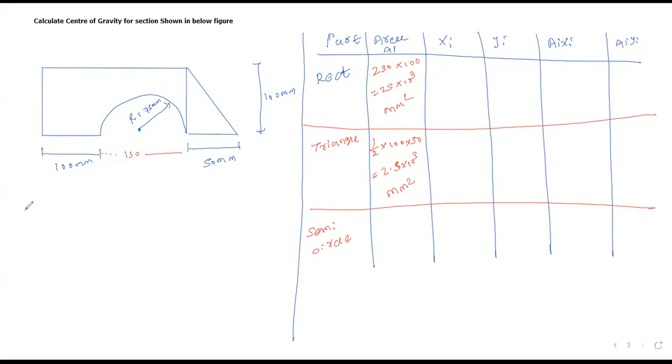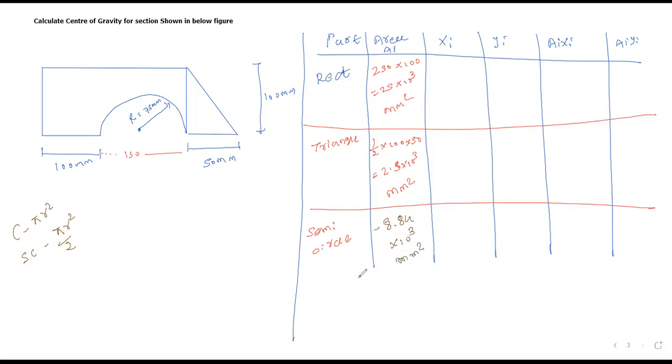So minus, what is the area of a circle? Pi r square. So the area of a semicircle is half of the circle's area, pi r square divided by 2. Fast calculator, give me the answer. So you will get 8.84 into 10 to 3. It will come as minus 8.84 into 10 to 3 mm square. I hope it is clear to all of you.